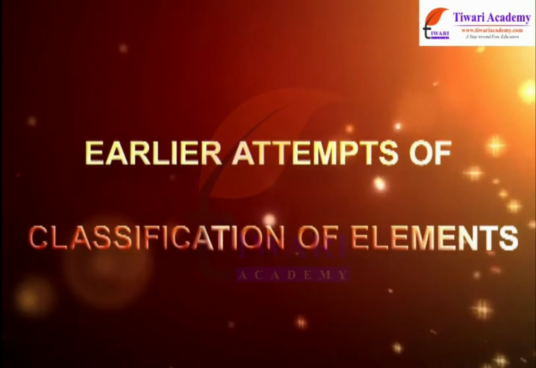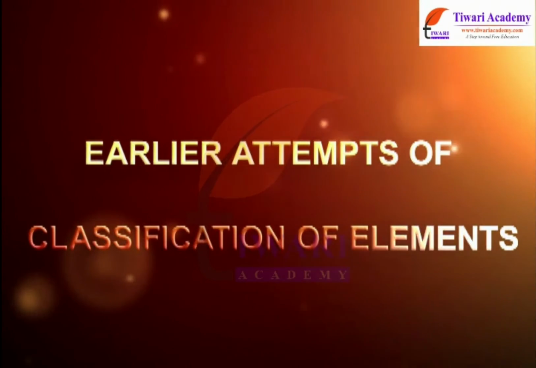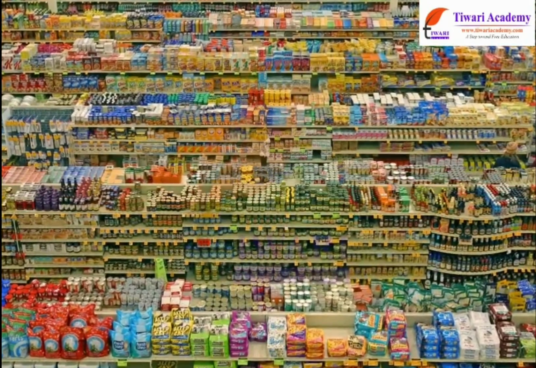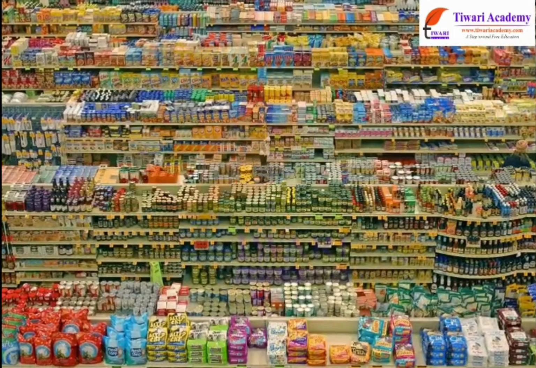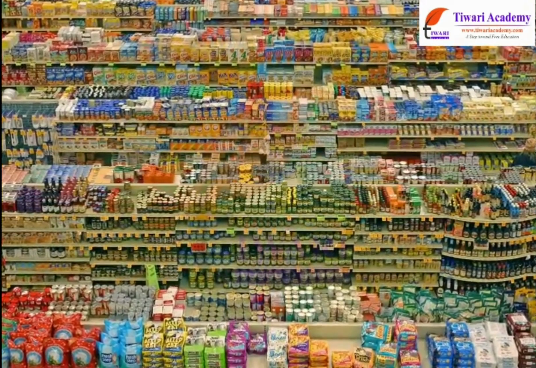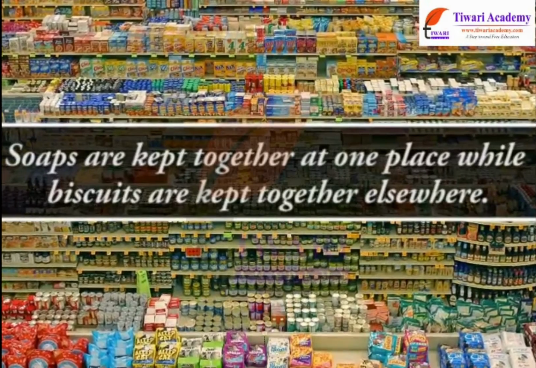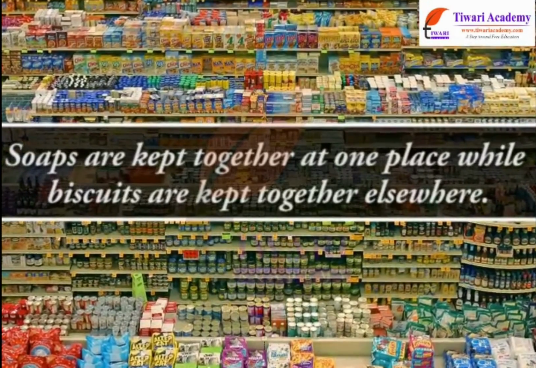Earlier attempts of classification of elements. Dear students, you all must have gone for shopping. You might have seen that soaps are kept together at one place while biscuits are kept together elsewhere.